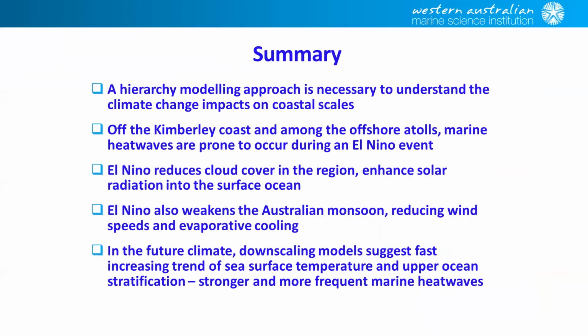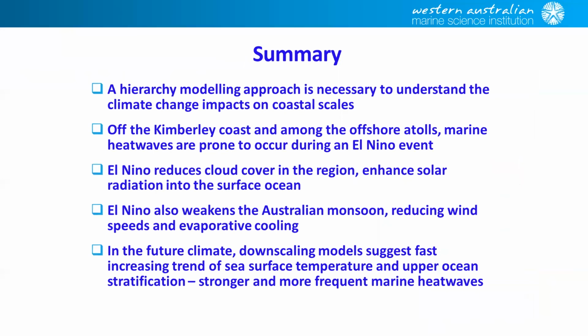So here's the summary. We need a hierarchy modeling approach to tackle climate change. We need to understand how IPCC models perform. We need to use a global model to downscale that. And we need to use a local model to look at our local marine park issues. We looked at how El Nino drives marine heatwave events by reducing the cloud cover and weakening the Australian monsoon.